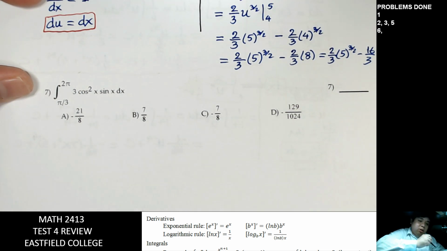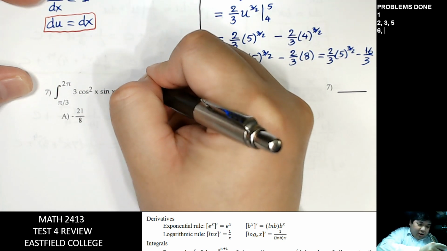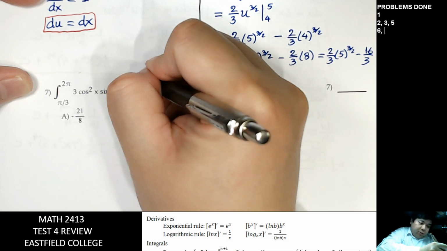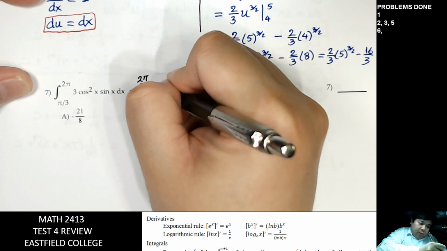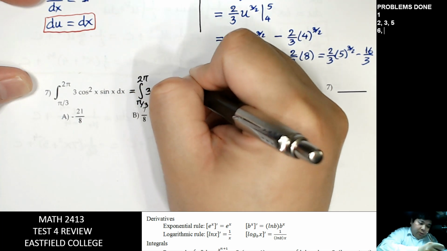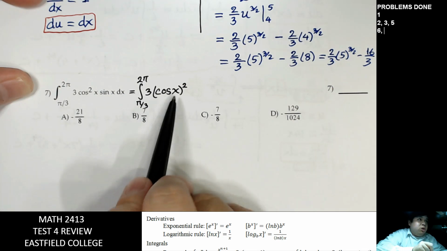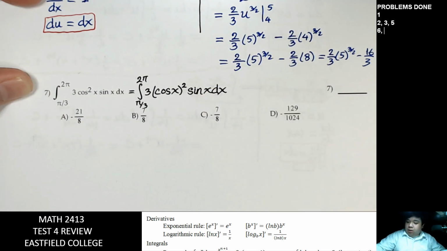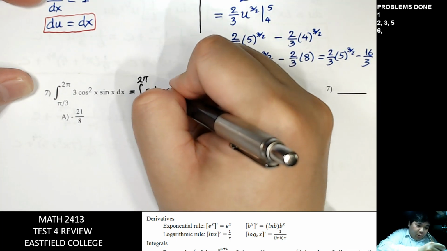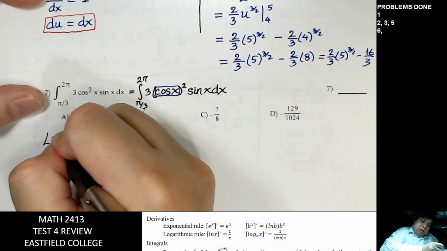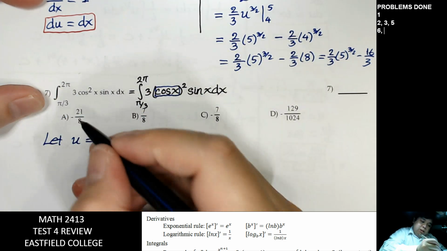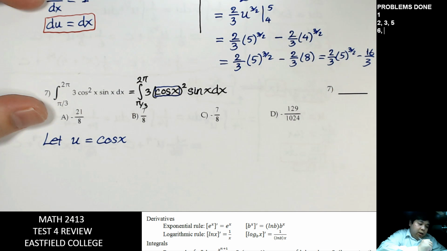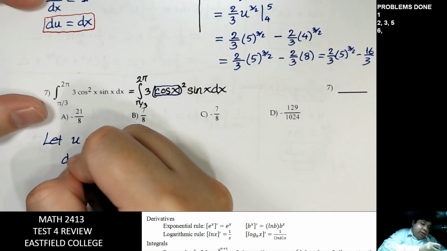Let's just rewrite this problem a little bit easier to evaluate. So instead of writing cosine square, we write cosine square like this. So we can let cosine be u. And then take the derivative.